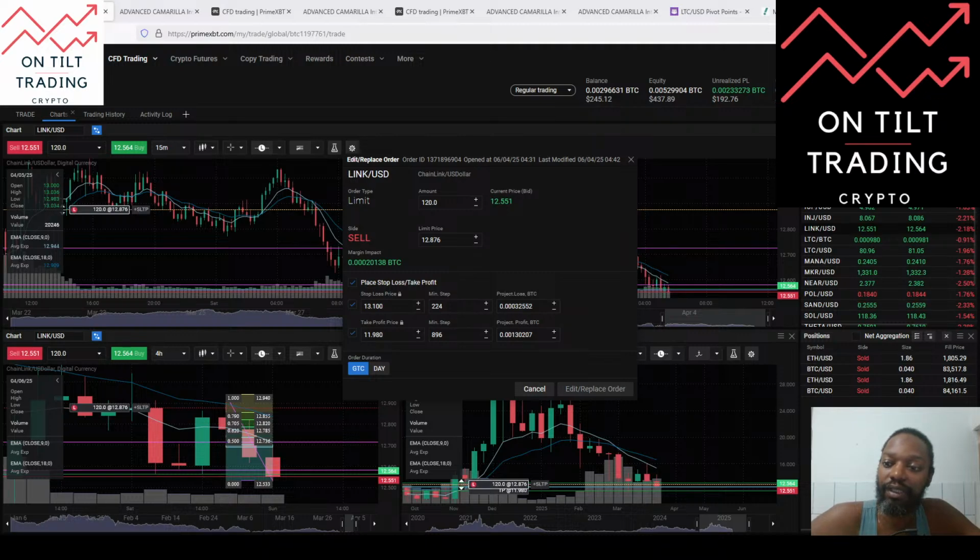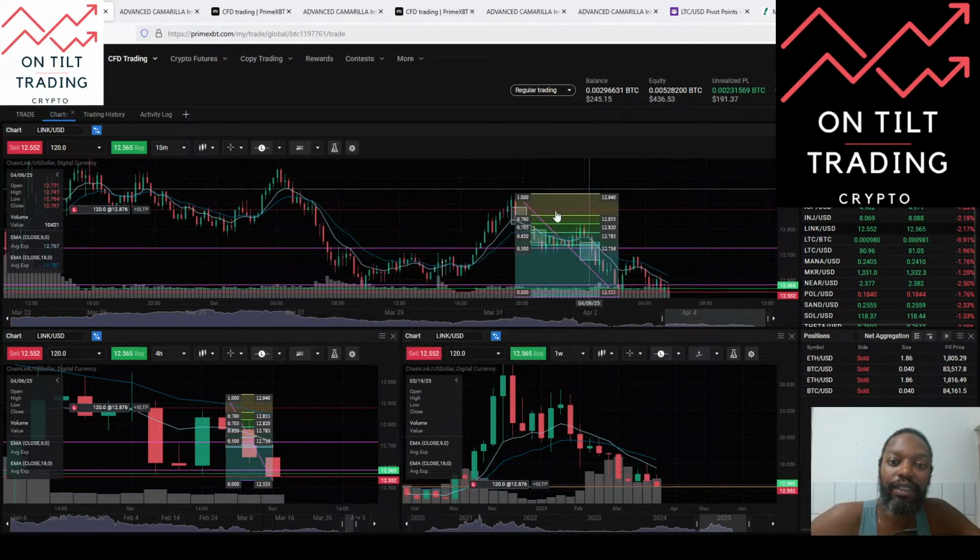So this entry suits my criteria, because even though it doesn't tick one of my pre-programmed target areas for an entry, it's actually in a deeper or higher premium level, which would be me getting a better price for it.